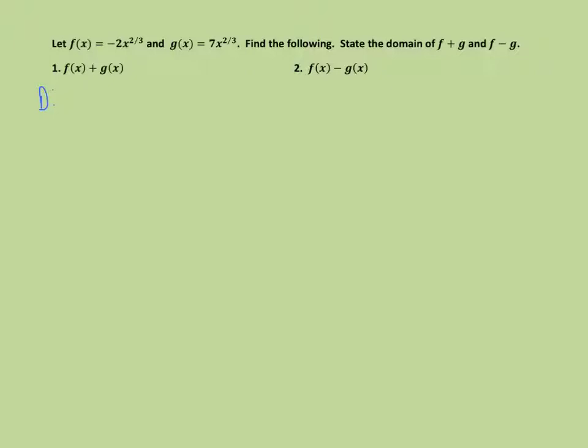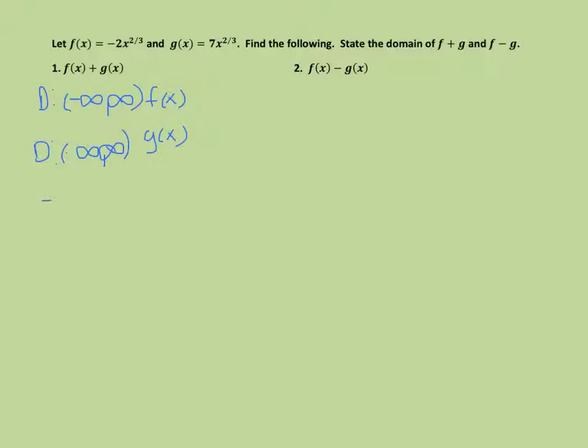Is there anything you can't take the cube root of? Because that's what the 2/3 means. Nope. Or you can try to look at the graph, but there's no restricted x value. So the domain of this is negative infinity to infinity. That's for f of x. For g of x, the domain is the same thing. So we're good there.